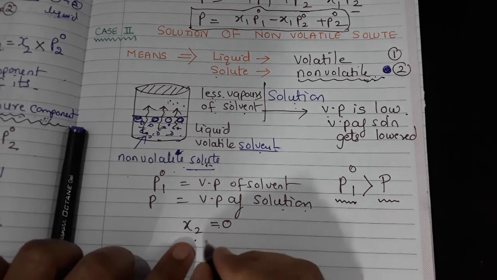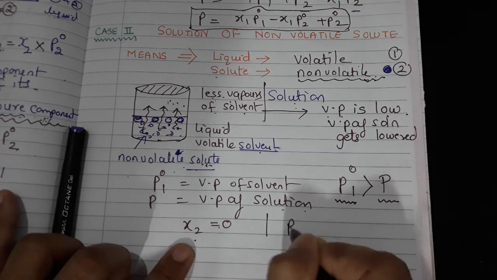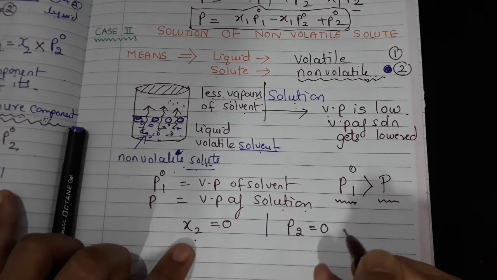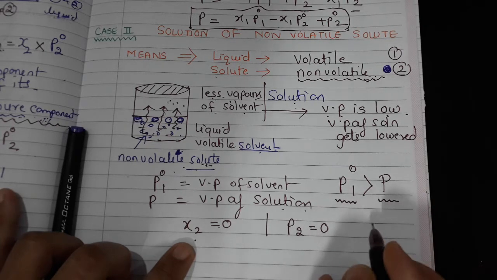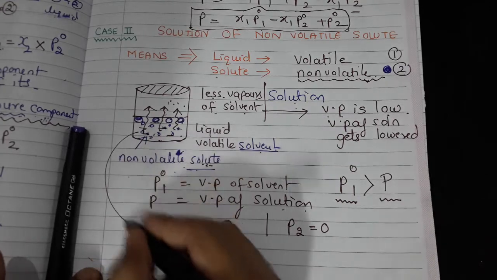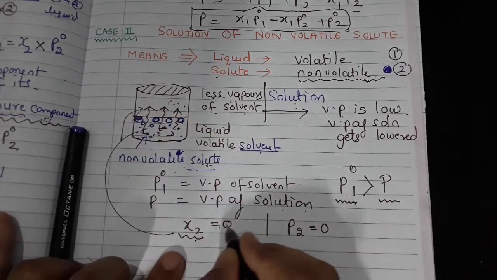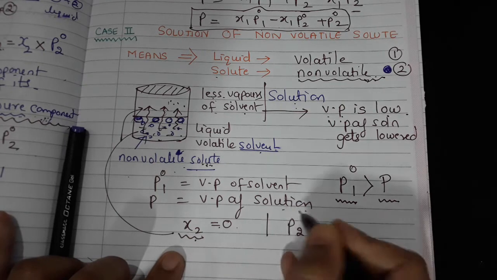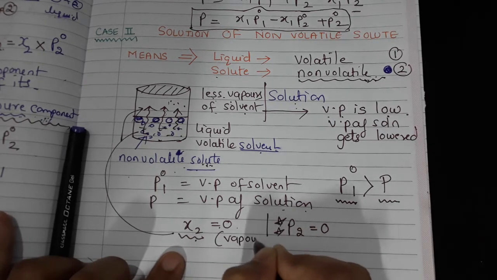So I would write that P2 is equal to 0. Inside the solution, x2 is there, but in the vapor state there is no x2.